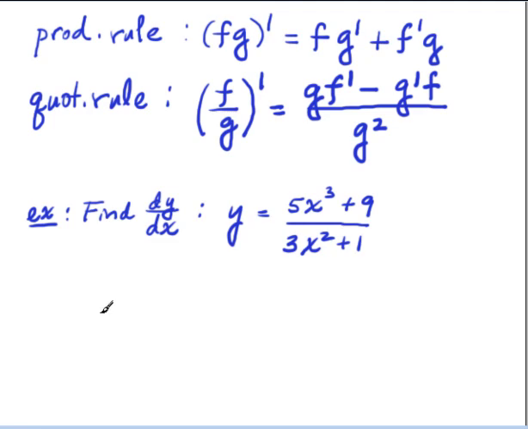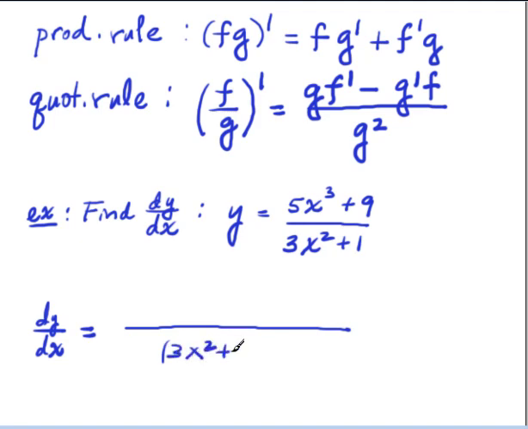All right, so we're going to do the quotient rule, basically just going to follow the second formula. We start with the denominator squared. That's g squared, so that's 3x squared plus 1. Then copy over the denominator right here.